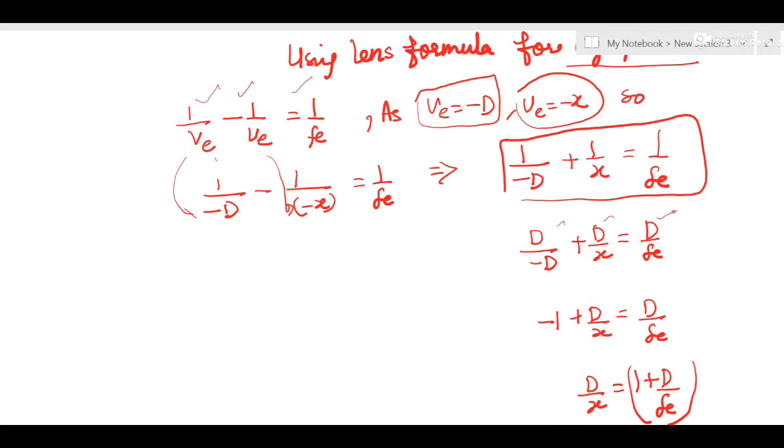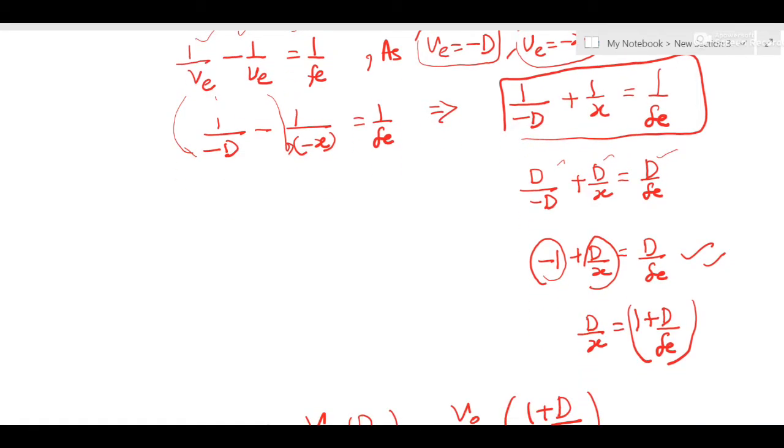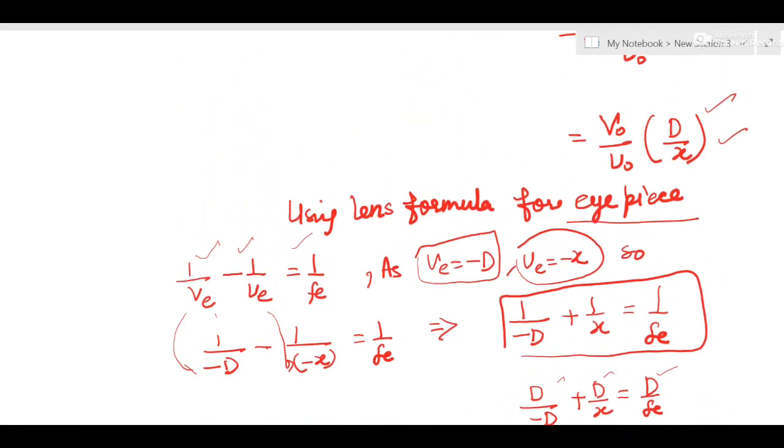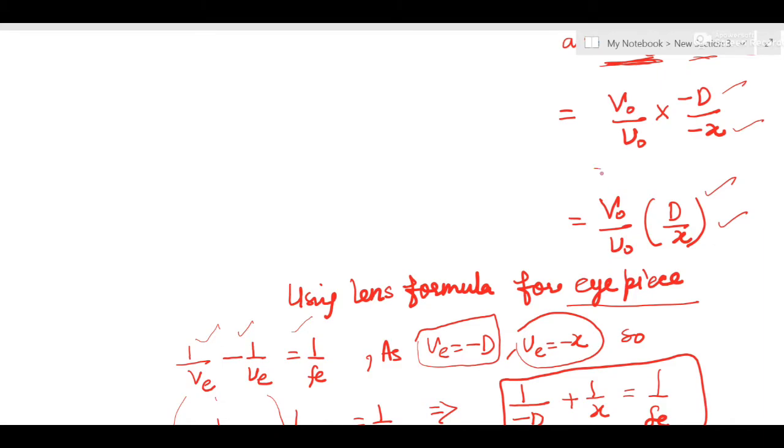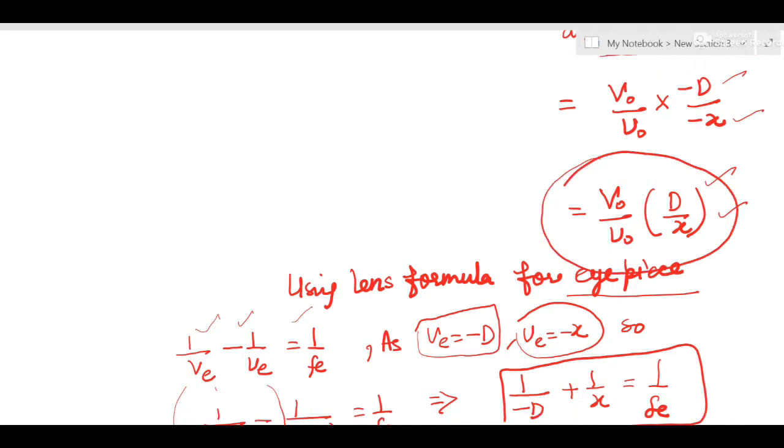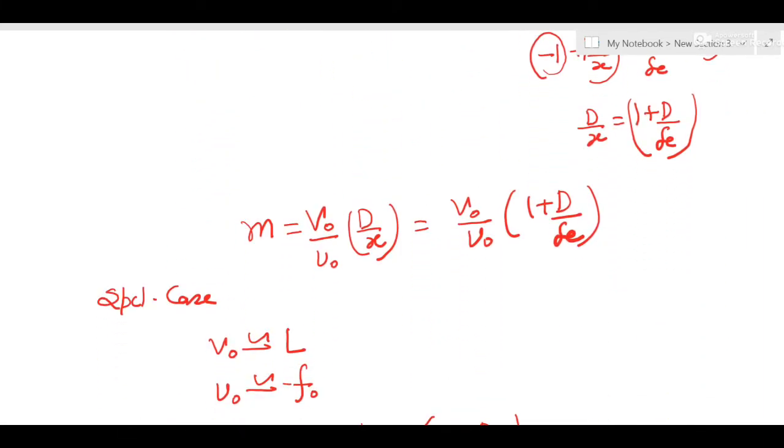Okay, so d will be cancelled, it is minus 1, it is d by x, and this is d by fe. So I am ready with the value of d by x. For what? Because I need to substitute this here. So the magnifying power formula I am ready with, which was V0 by U0 into d by x, is now d by x I am substituting as 1 plus d by fe. So this is the final formula.